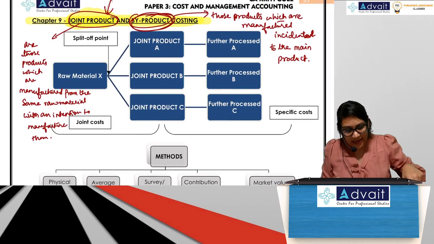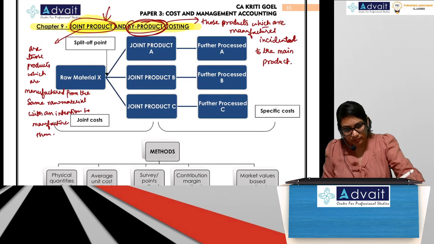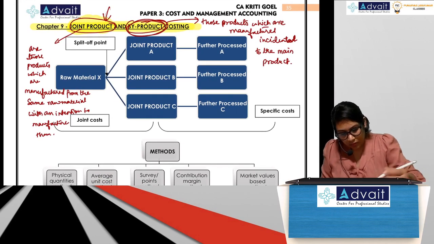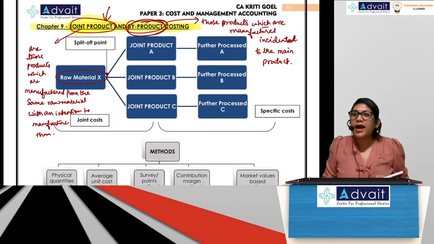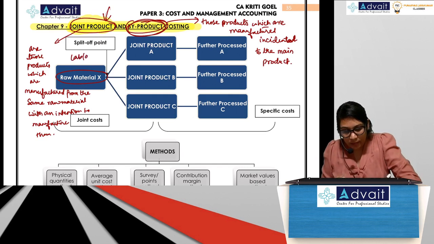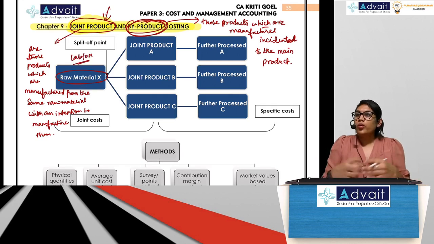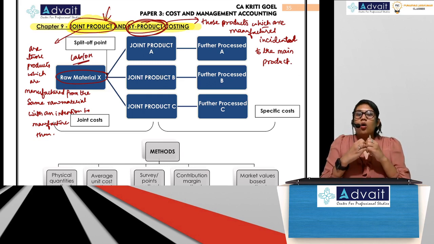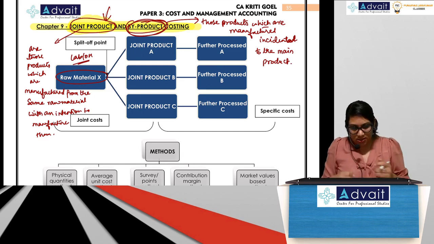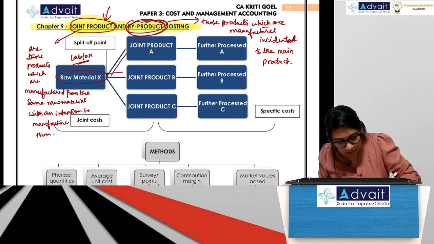So let's take this table. Let's say we have raw material X which is processed. Along with raw material X, there is also labor, overhead, other expenses which are being incurred in processing this material X. Once this material is processed, I get 3 products.